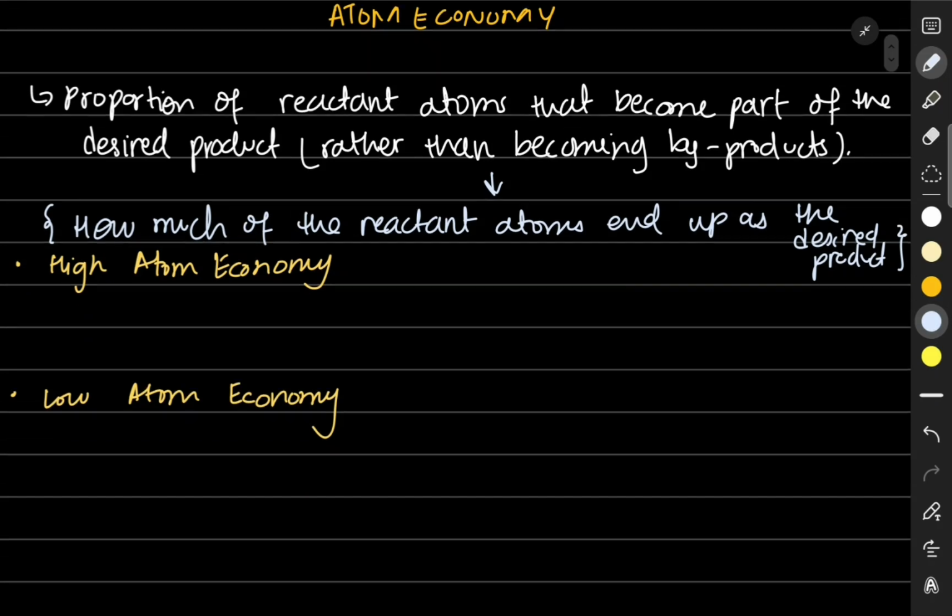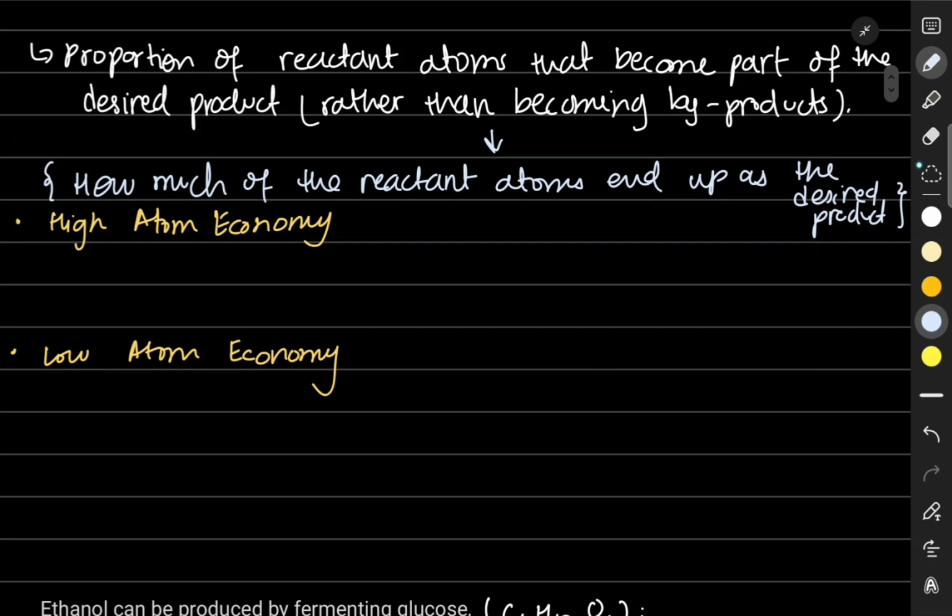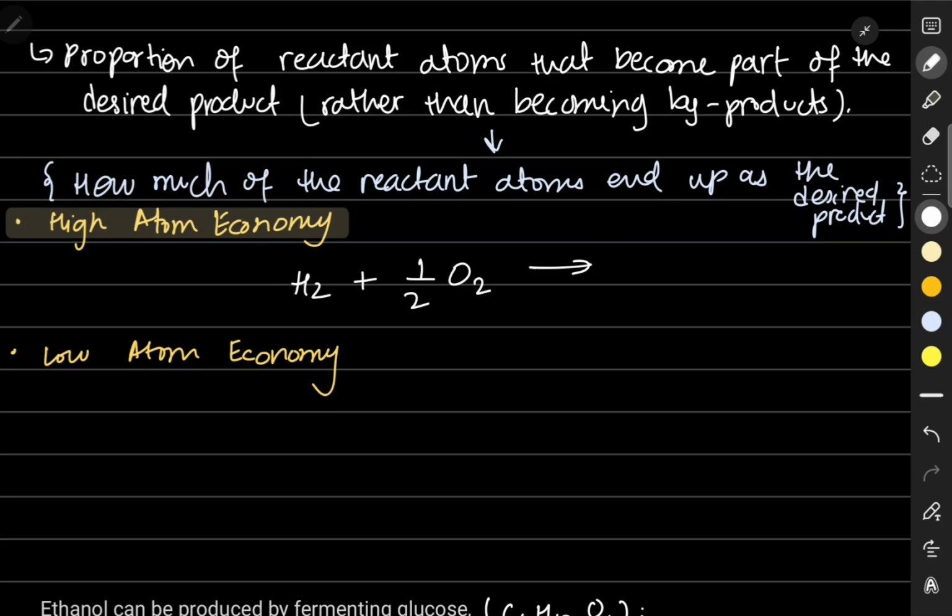So now if we see an example for high atom economy, when would we say the atom economy of this reaction was high? Let's take an example of formation of water. You have hydrogen with half oxygen, and that gives you water.